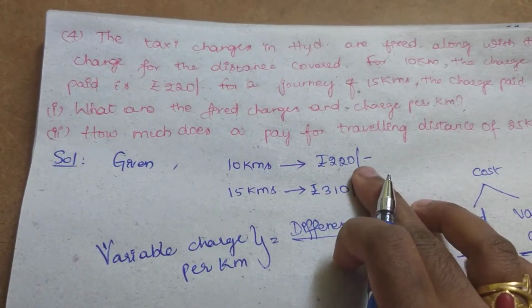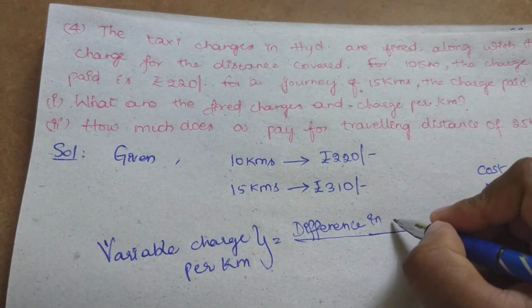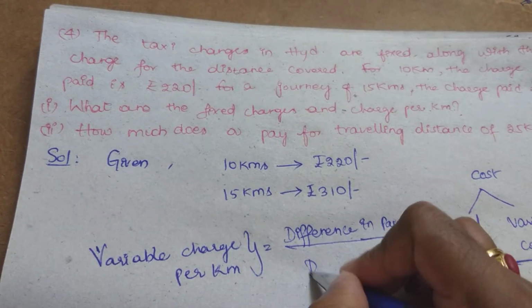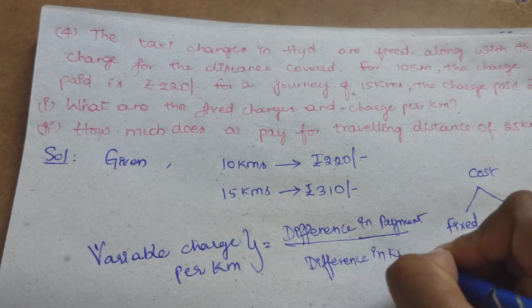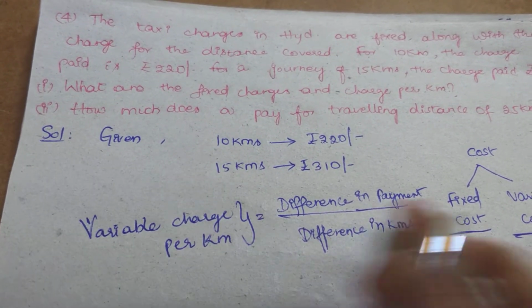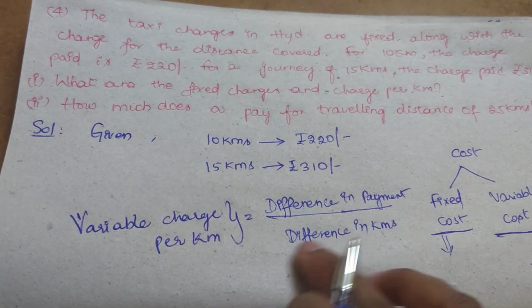Charge is always in rupees, paid. Variable means it will vary, right? So that is why this is the formula: difference in payment divided by difference in kilometers.